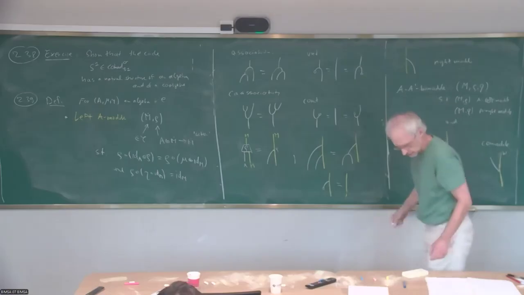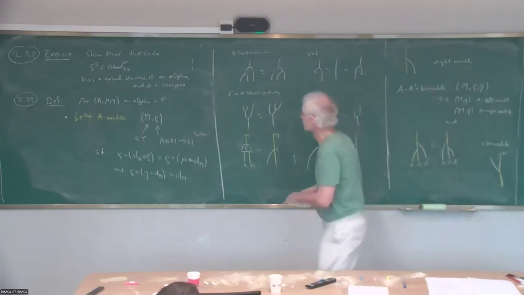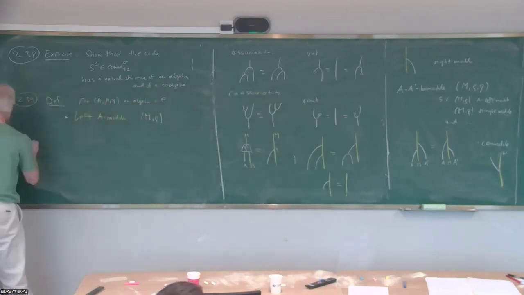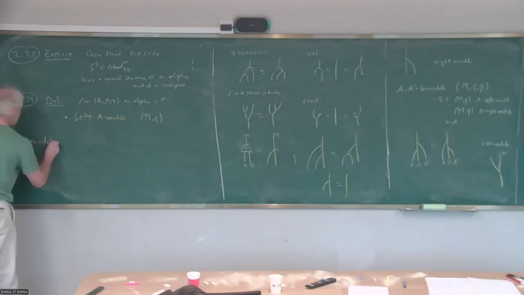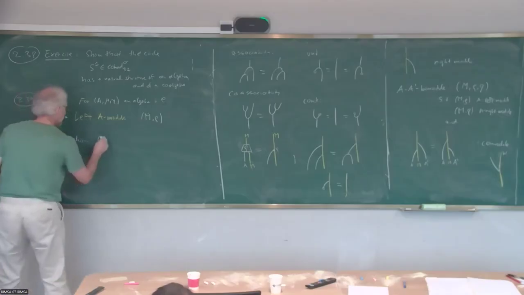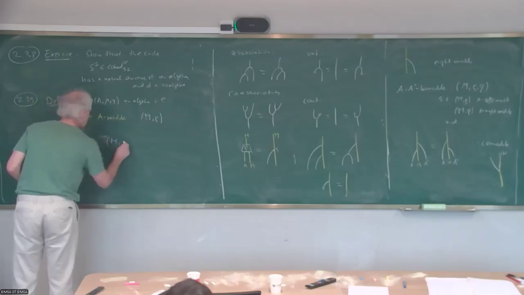And finally, I have the notion of a module morphism, say from (M, rho) to (M prime, rho prime).